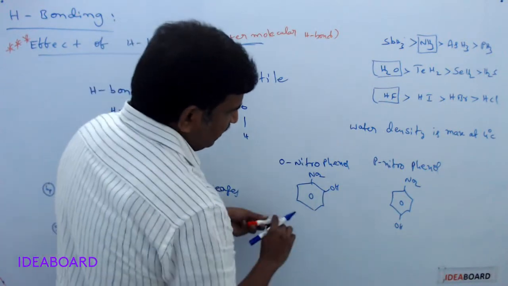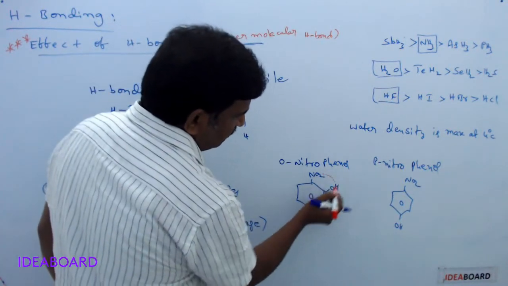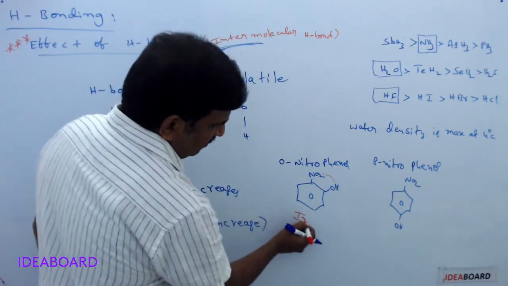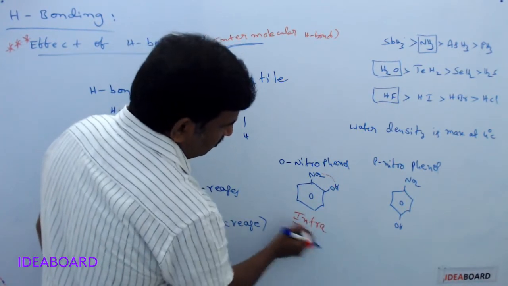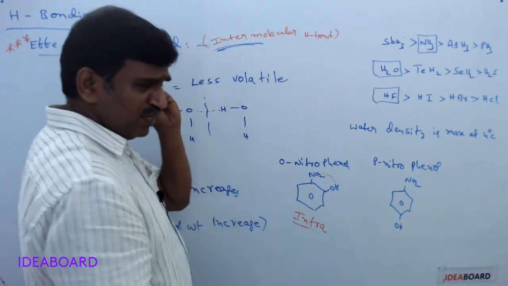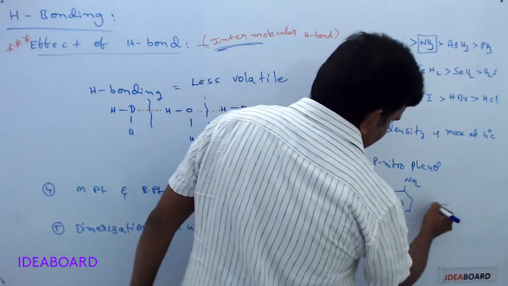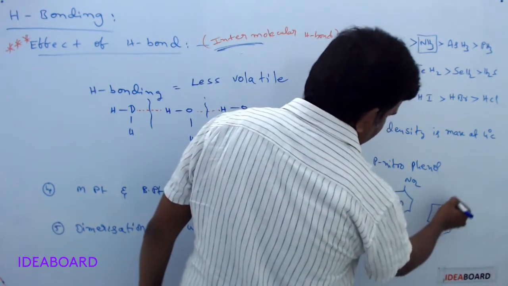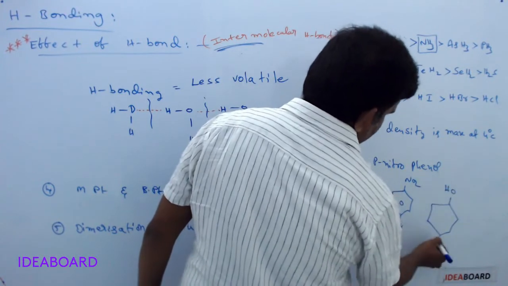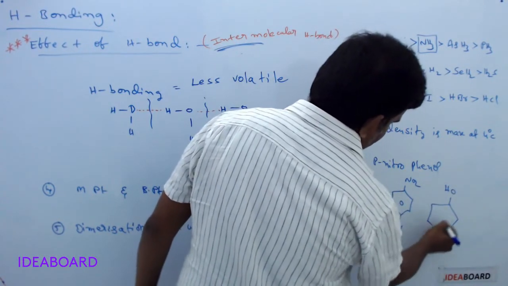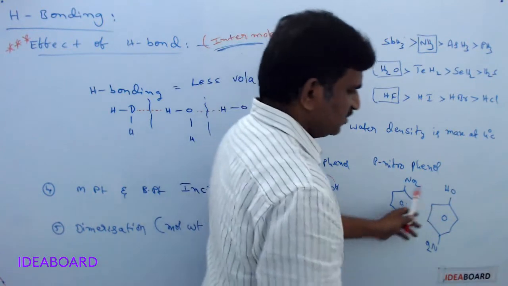In orthonitrophenol there is hydrogen bonding between these two. This is called intramolecular hydrogen bonding, please remember. Whereas in paranitrophenol, between these two there is no hydrogen bonding within the molecule. It can form a hydrogen bond with another molecule only. Here this is an OH and this is an NO2, I wrote it like this for our convenience.